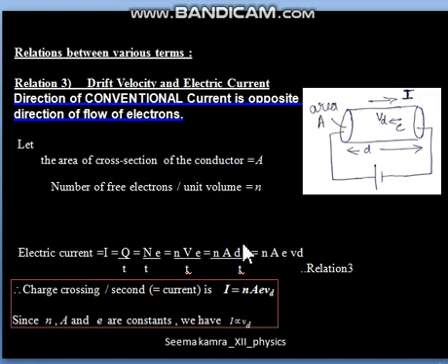Then if the distance D is covered in time T, that means the velocity of the electron is Vd. So distance upon time is Vd, and we have replaced it here with Vd. So very easily we have obtained the third relation. nAeVd is the answer for the current.